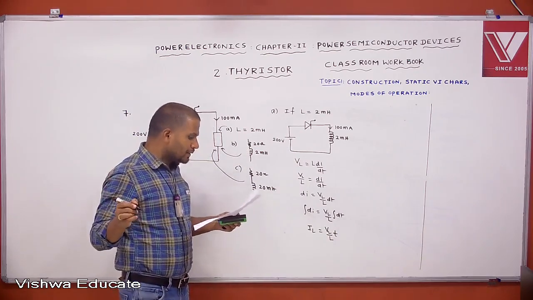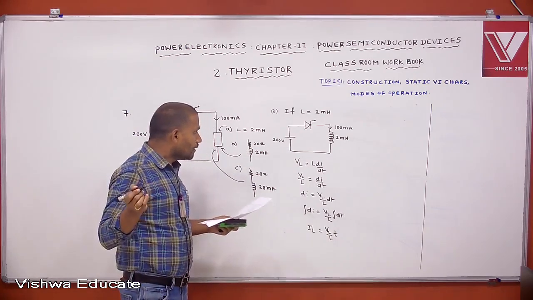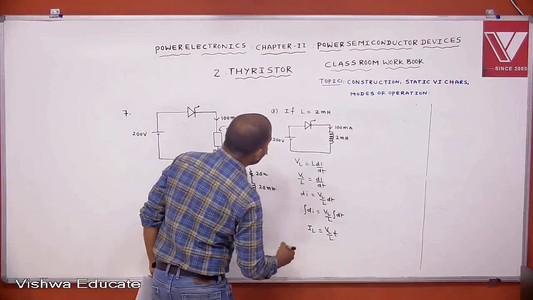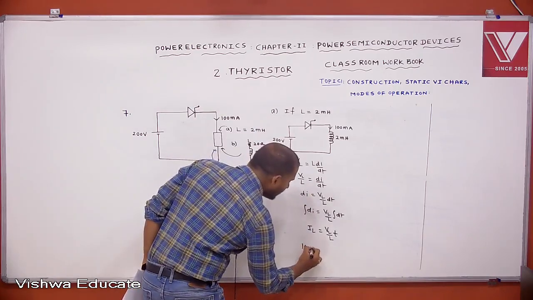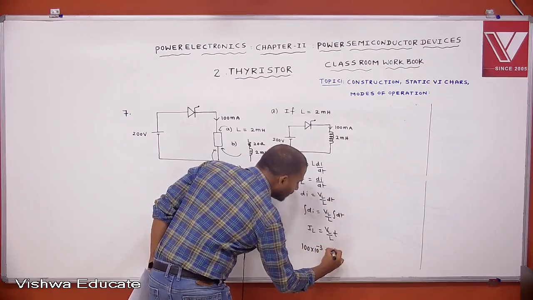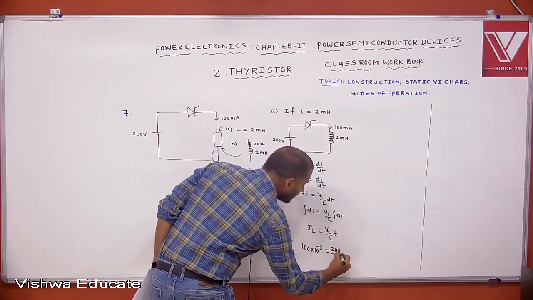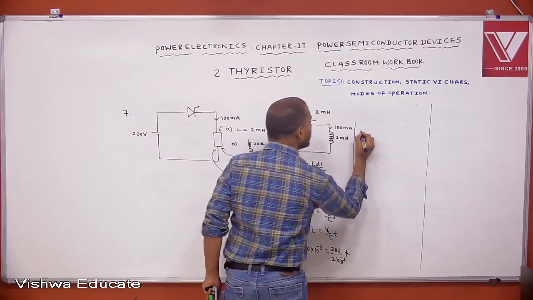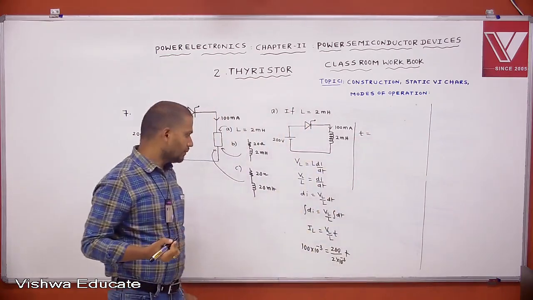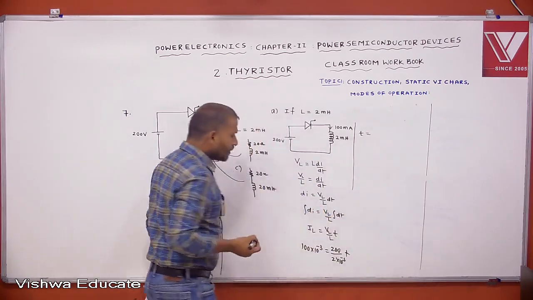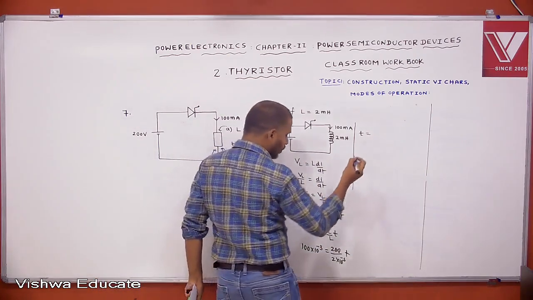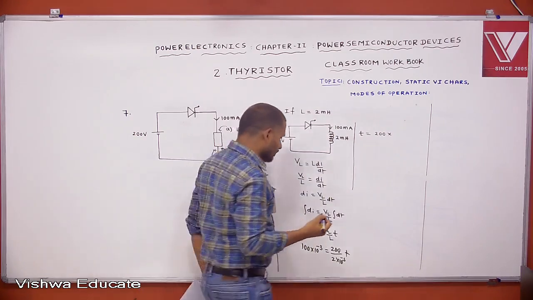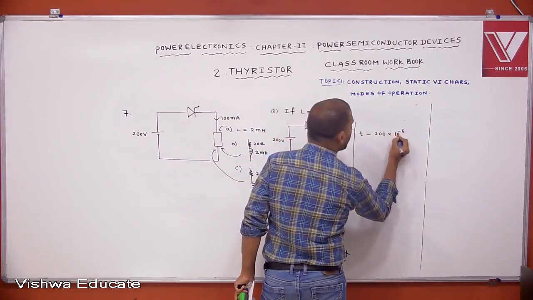Now you want to calculate: L is 2 millihenry, IL, the latching current, is 100 milliampere, 100 into 10 to the power of minus 3. VL is 200, L is 2 millihenry, into T. Now from this, what T can you get? T is 200 into 10 to the power of minus 6 by 200.